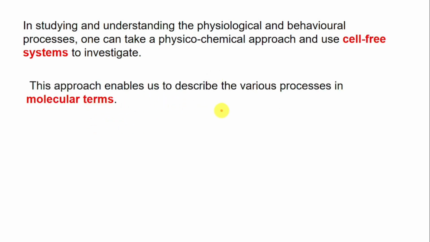This approach enables us to describe various processes in molecular terms. For example, in phenylketonuria, the patient will show different symptoms: skin pigmentation, hair loss, and presence of phenylketone bodies in blood and in urine.